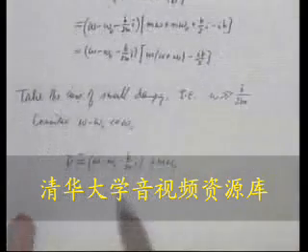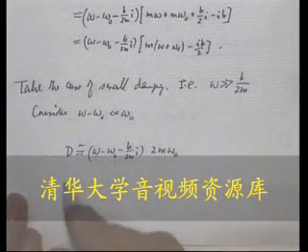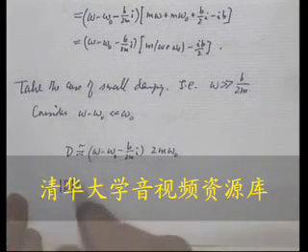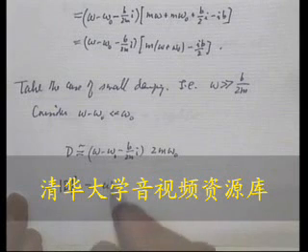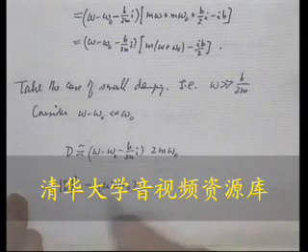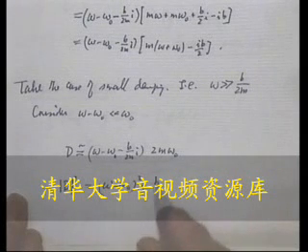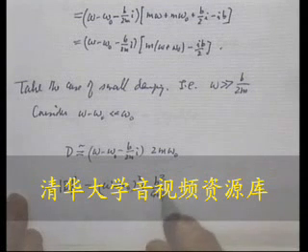So you see, what is this d? If you take the absolute value of d squared, it's equal to omega minus omega 0 squared plus b squared over 4m squared.